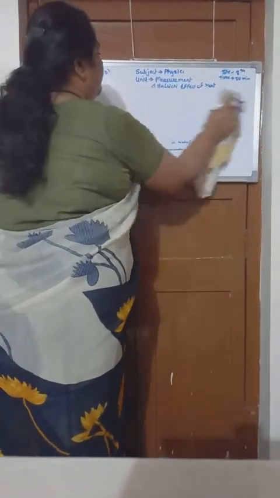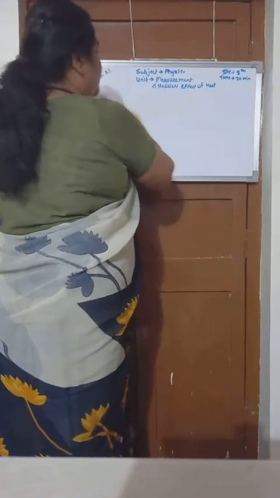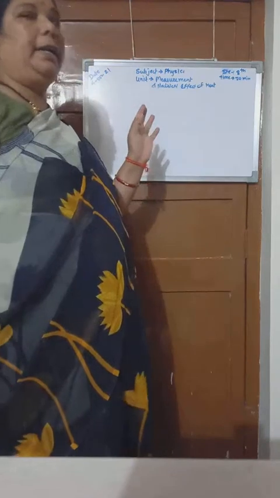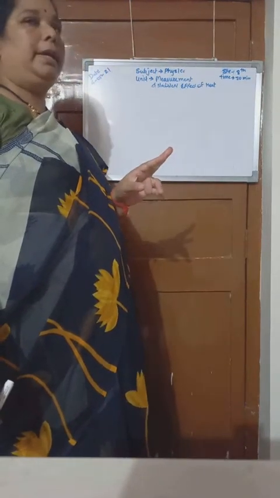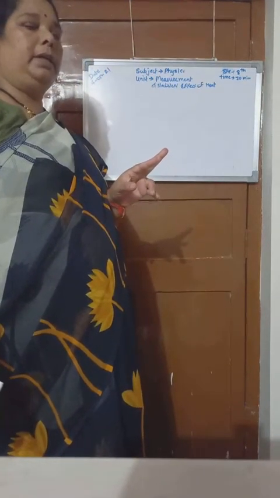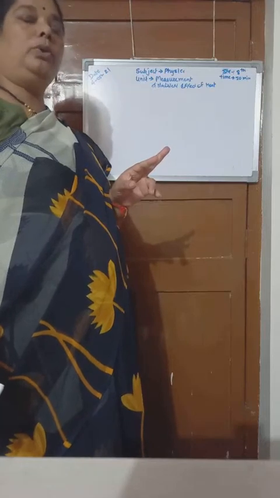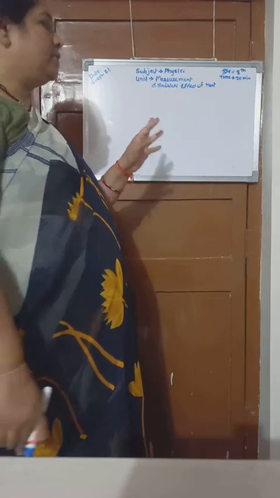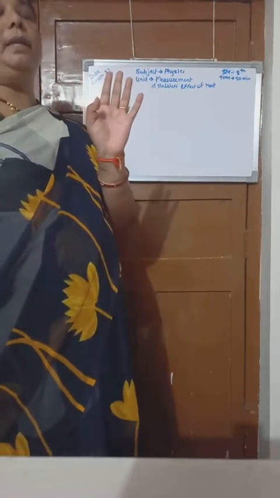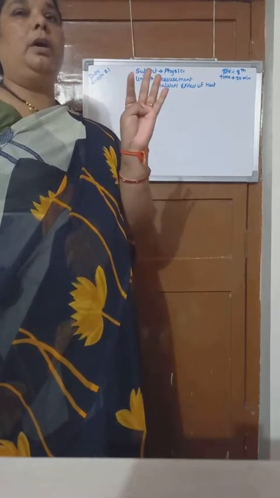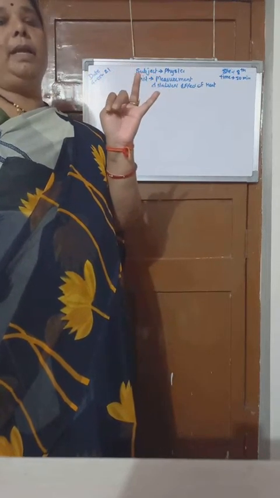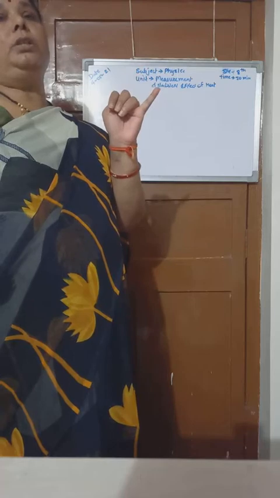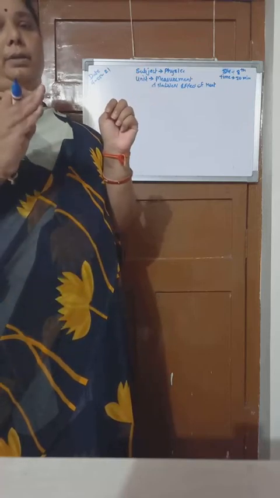Okay, then we have to take a summary of our portion. We have already taken two problems based on heat. We know the formula of heat. Heat is equal to m into rise in temperature. Then we have seen sources of heat: sun, earth, chemical energy, electrical energy, atomic energy and air.